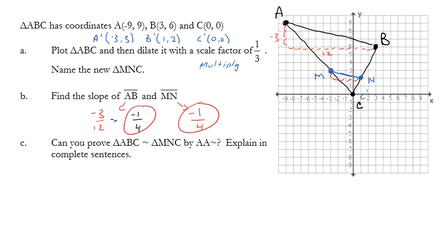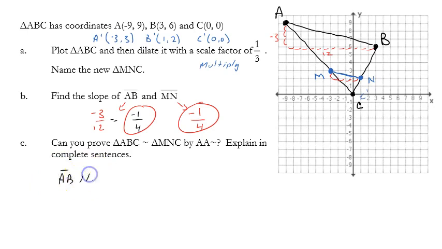which is helpful because when it says, can you prove by angle-angle similarity that those two triangles are similar, explain using complete sentences, we've just shown mathematical evidence that segment AB is parallel to segment MN. And we can start by stating that.